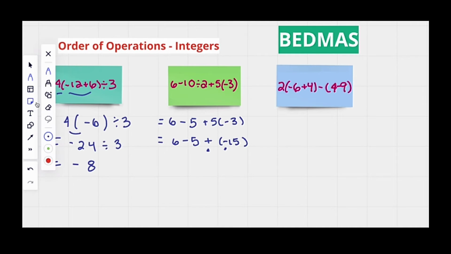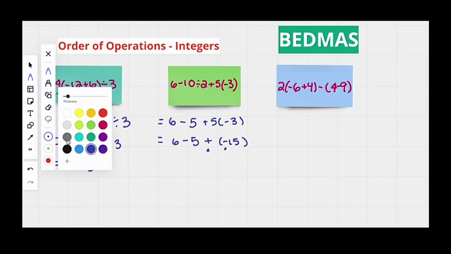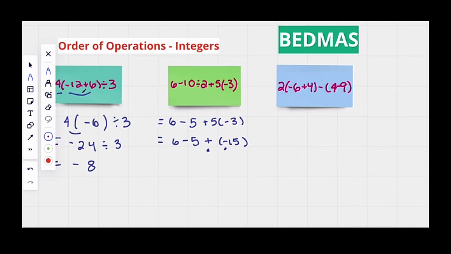So we're going to have here, I'm going to change my color to a red or a purple, so that we can see what we're going to be doing. So we're going to rewrite this question, and we're going to have an imaginary 1 here. So if there is no number, but we've got a plus, and then the first thing we see here is a negative, we need to get rid of this bracket somehow.